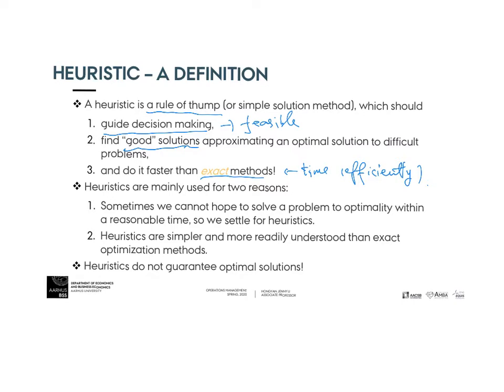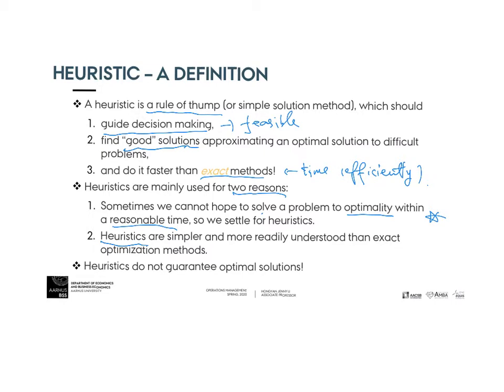Of course, efficiency is more important than optimality. So heuristics are mainly used for two reasons. Sometimes we cannot hope to solve a problem to optimality. The problem is too difficult to be solved to optimality within a reasonable time, so we settle for heuristics. Sometimes it's just because heuristics are simpler and more readily understood than exact optimization methods. The first reason is normally the commonly accepted reason.